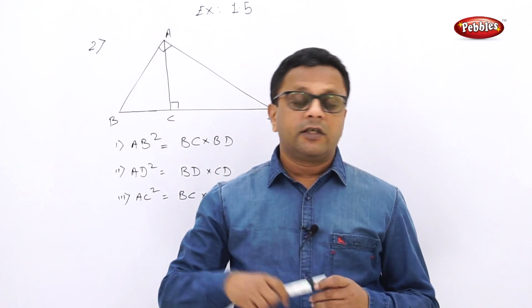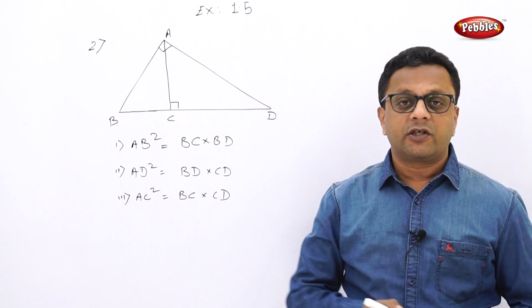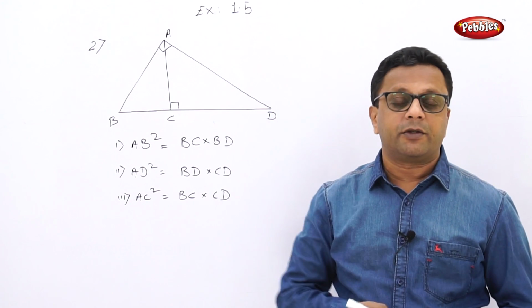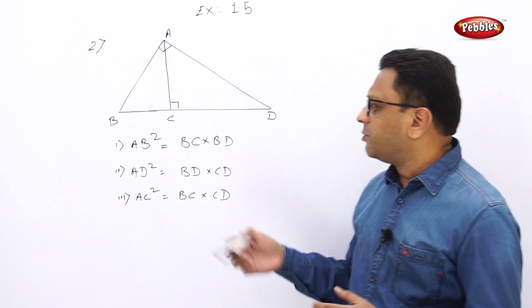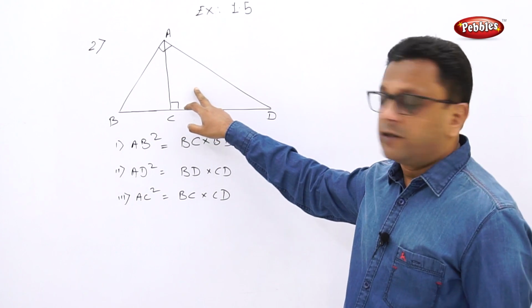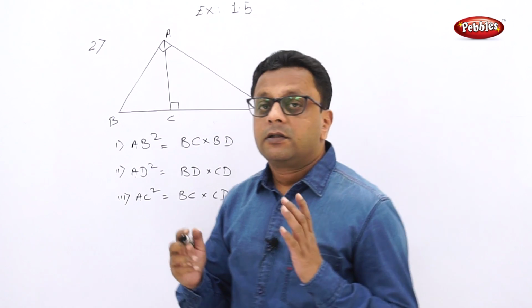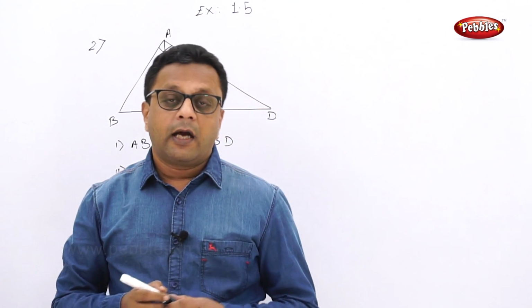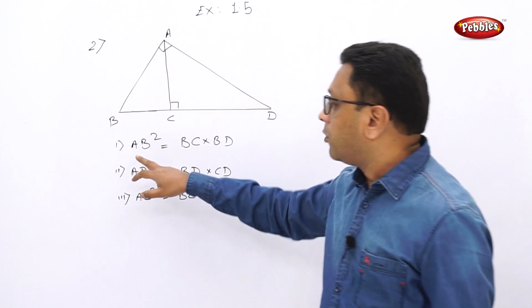We have already seen the same problem when we were discussing some solved examples on this topic. This is extremely simple. We know that these two small triangles and this bigger triangle, all three are similar to each other, and by using those similarity properties we have to prove this.